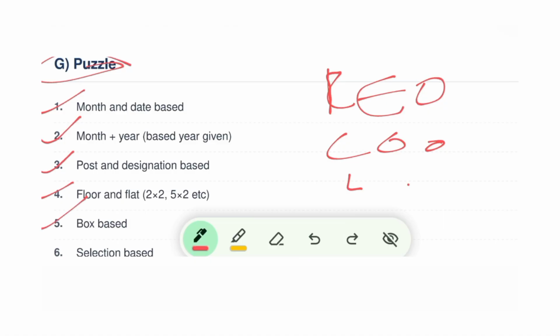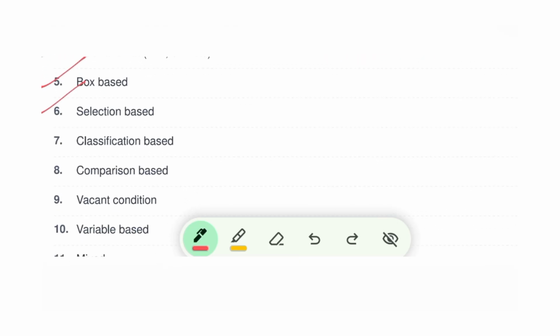The next one is box based. Sometimes it can be dicey, because most people start by numbering 1, 2, 3, 5, but sometimes it's difficult when we do it by numbers. We mostly simplify it with individuals, like random 1, 2, 3, whatever information, then make the boxes. Number 6 is selection based.